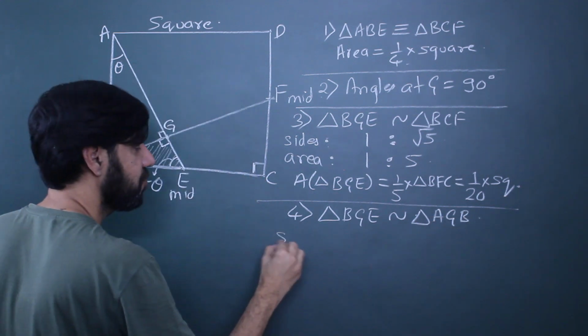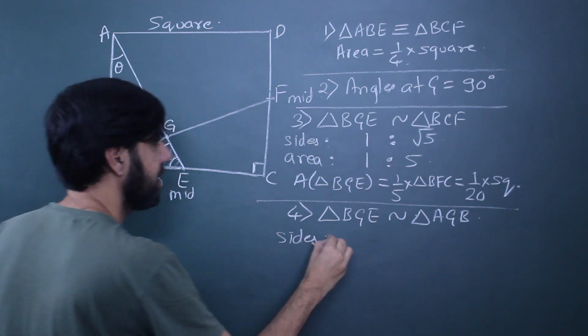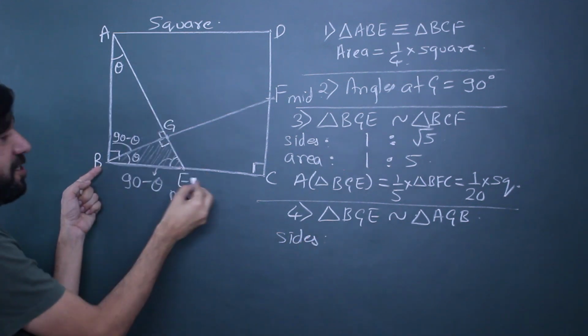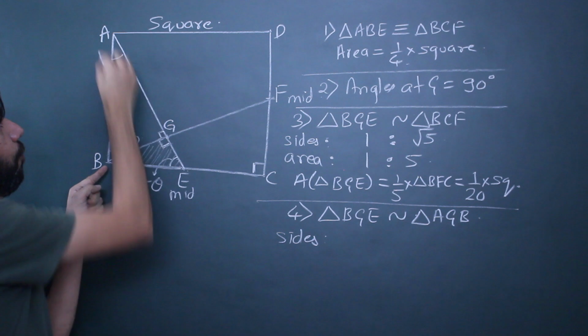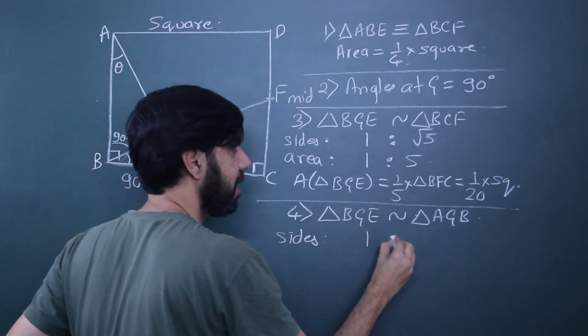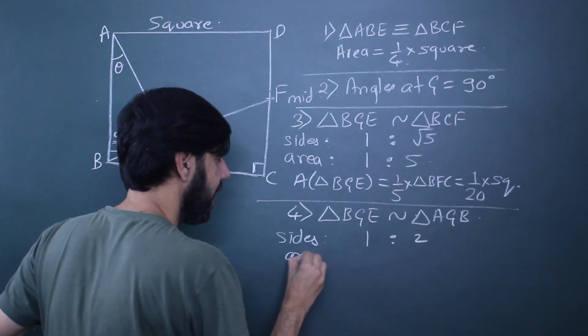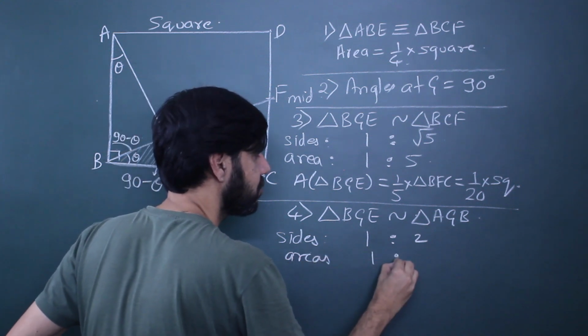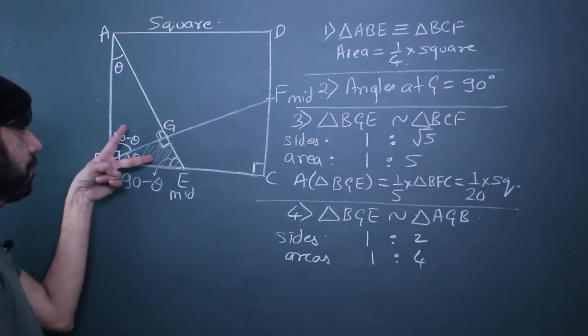And what is the ratio of these sides? Okay, what do I know in BGE? Opposite 90 is 1. What do I know in AGB? Opposite 90 is 2. So this is a simple ratio, 1 is to 2. So what are the areas going to be in the ratio? 1 is to 4.